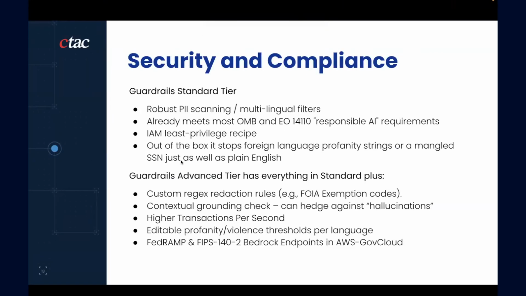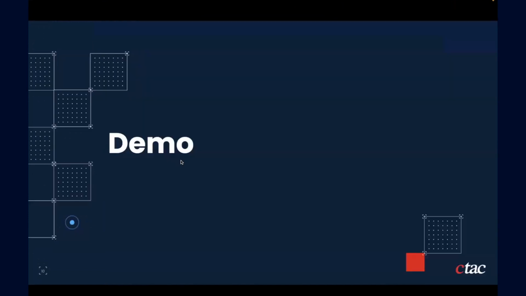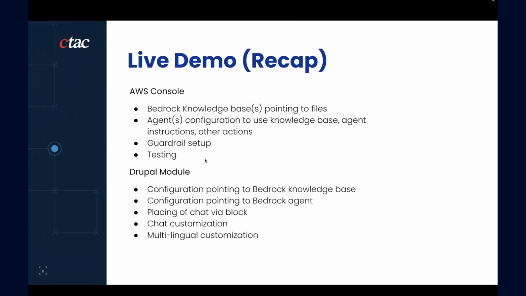And then for the Drupal side, we talked about the configuration of the knowledge base on the module as well as the agent, placing the block for the chat, and then some customizations in terms of colors or icons, as well as the different foreign languages to give it different prompts. So that really concludes all of our demo.